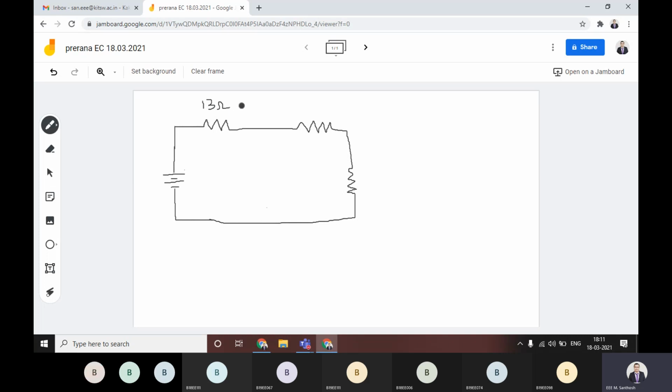This is 13 ohm, 11 ohm, this is 9 ohm. In between there is another resistance. This is 18 ohm and this is 44 volts.